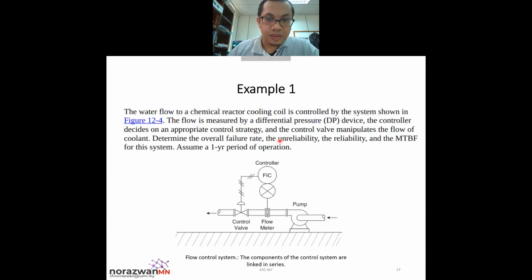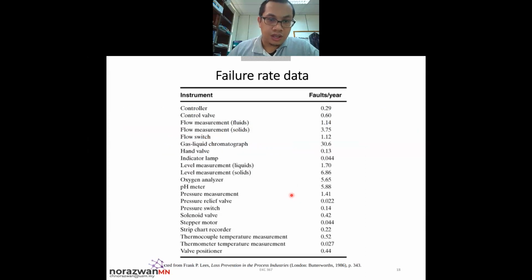Then you have your controller and flow meter, so you can refer to where your failure rate data is. Indicator lamp, pressure relief valve, pressure switch, solenoid, stepper motor, strip chart recorder, and so on. Based on your system, you know the failure rate data for that particular component.